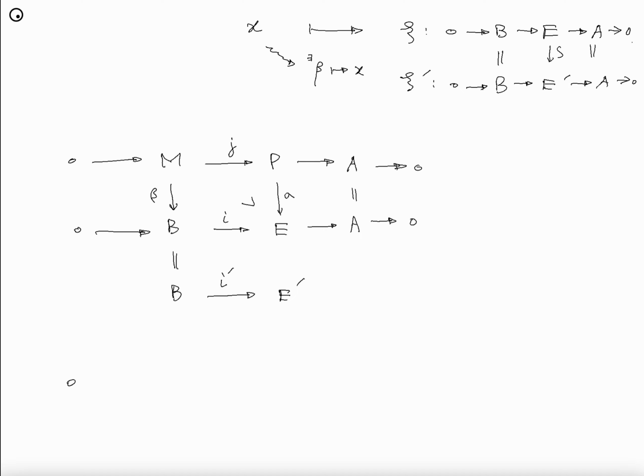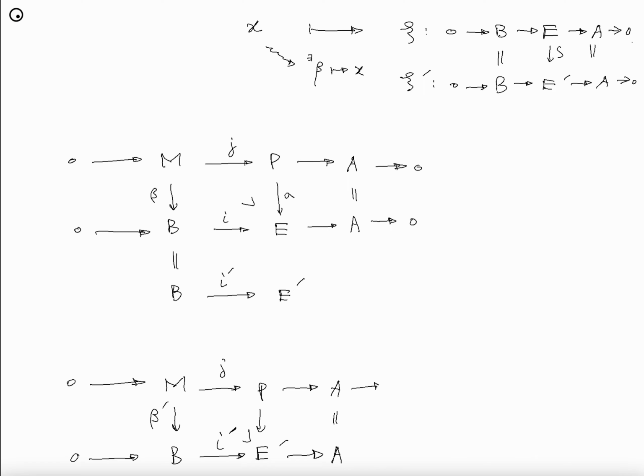For a similar procedure, you could use beta prime to define a map I prime and then form this short exact sequence. Still pushout. This is how we define E prime.